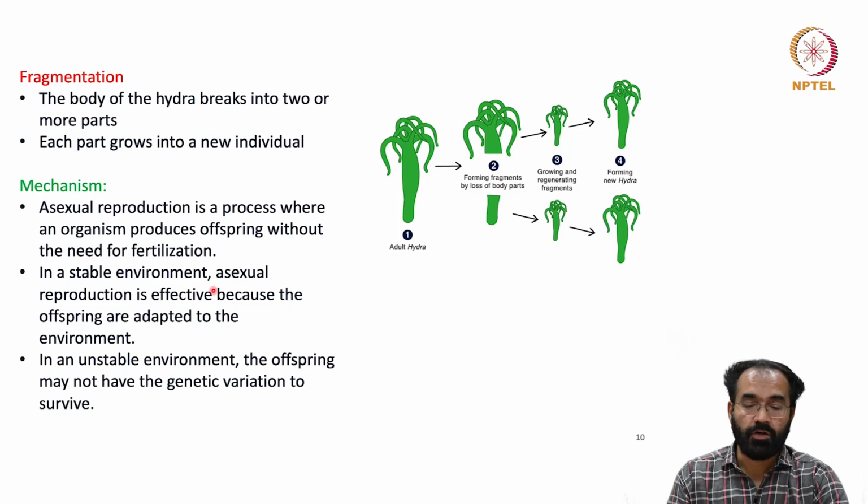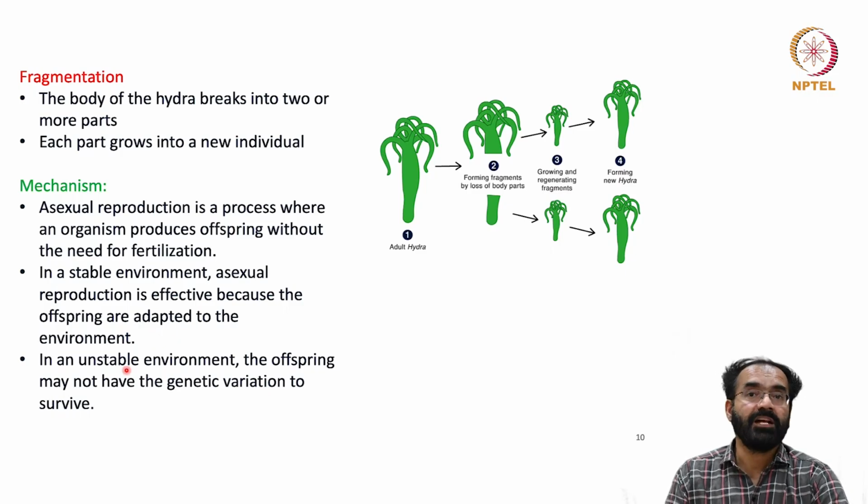In a stable environment, asexual reproduction is effective. When there is absolutely no challenge, no trouble, everything is in surplus, there is no need for any botheration. So it will do asexual reproduction, and it is effective because the offspring are adapted to that environment. The environment has nutrition and they are well adapted.